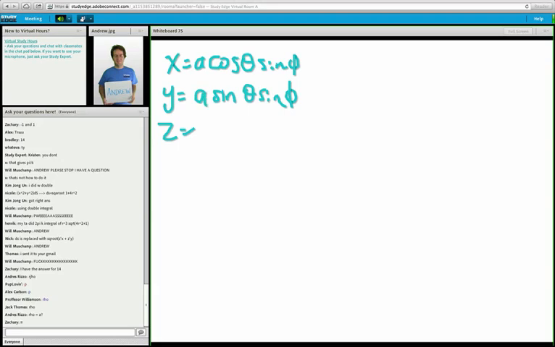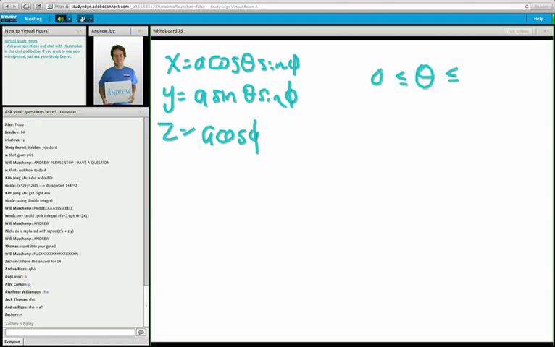Z equals A cosine phi. Now, S is the entire sphere. They don't say between the cone or anything like that. They just say the entire sphere. So guess what? Theta goes from 0 to 2 pi. Phi goes from 0 to pi. The entire sphere. There's no restriction here.